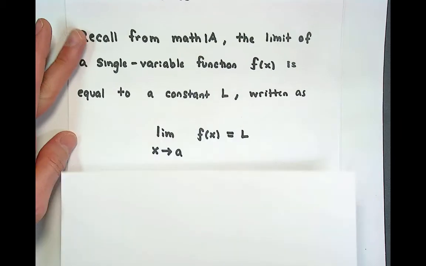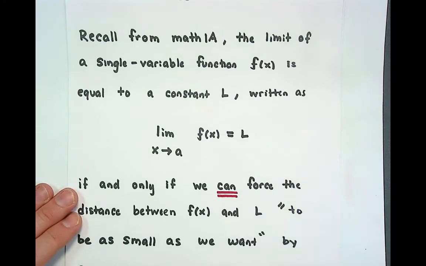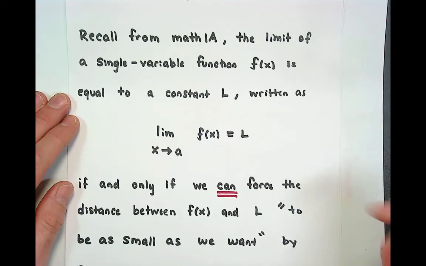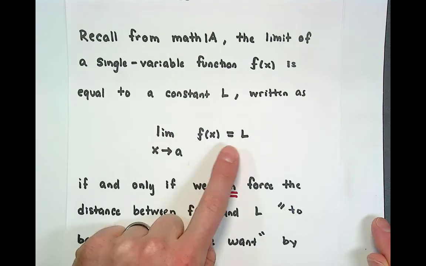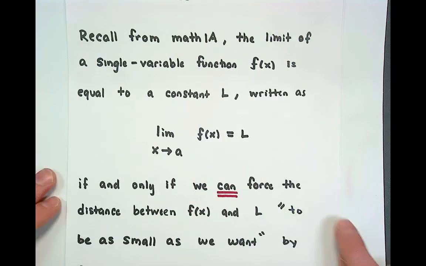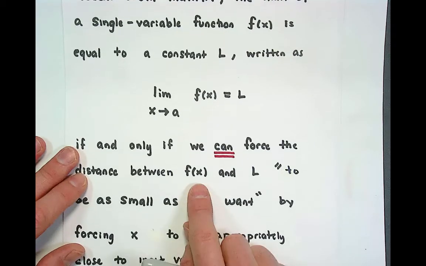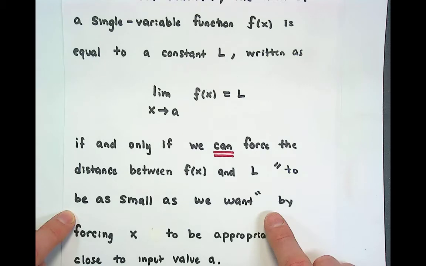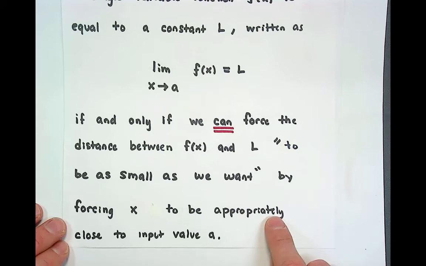Recall from Math 1A, single variable calculus, that the limit of a single variable function was equal to a constant L, and we write this in notation, the limit as x approaches a of function f of x equals L, if and only if we can force the distance between the output value of f of x and the limit L to be as small as we want by forcing x to be appropriately close to the input value a.